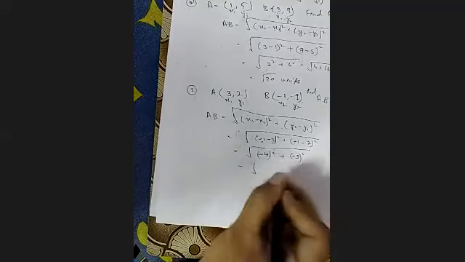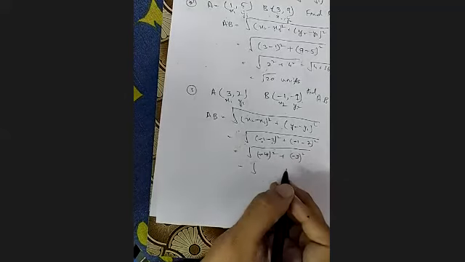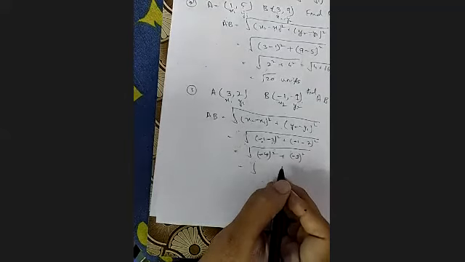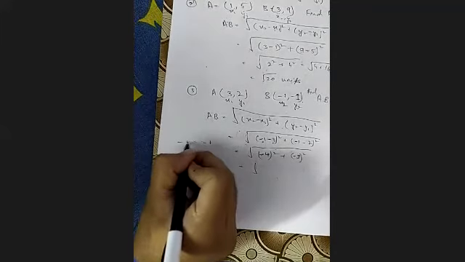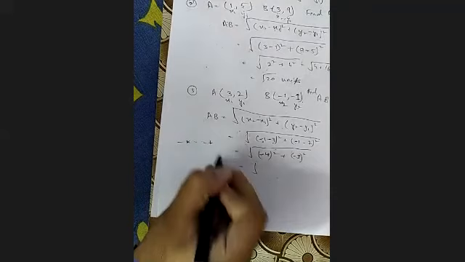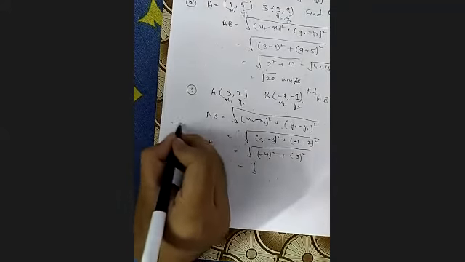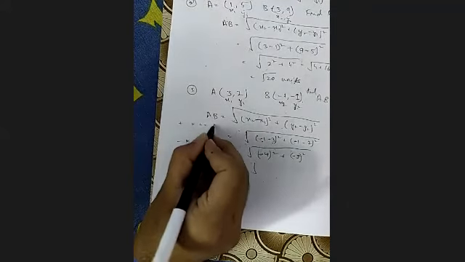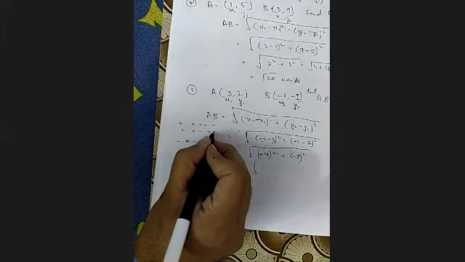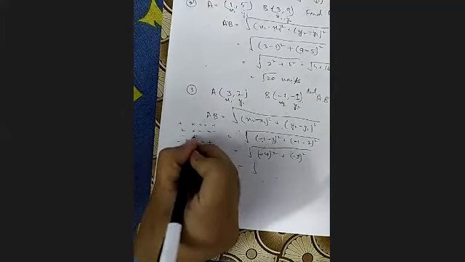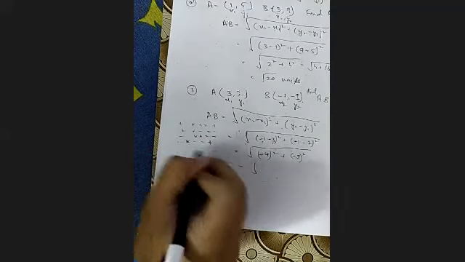Now if you square this, the minus sign will become plus, because minus into minus is plus. You know that: plus into plus is plus, plus into minus is minus, minus into plus is minus, minus into minus is plus.